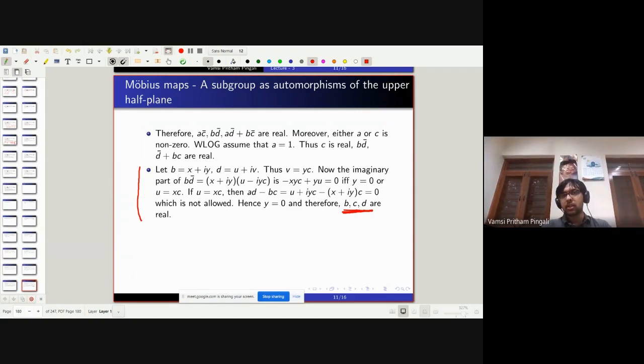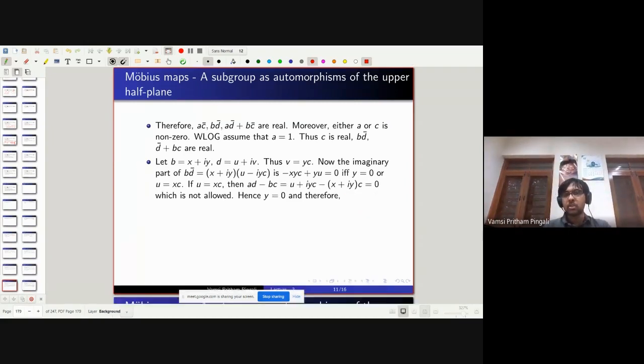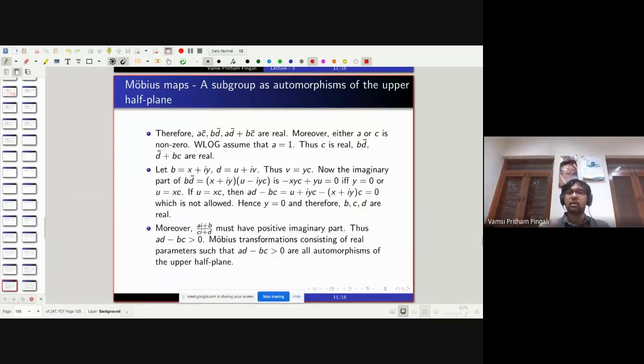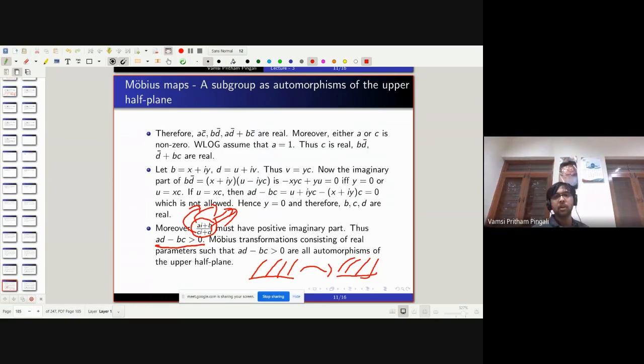The bottom line here is that the Mobius maps that take the upper half plane to itself are of this type, where A, B, C, D are all real numbers and AD minus BC is positive.